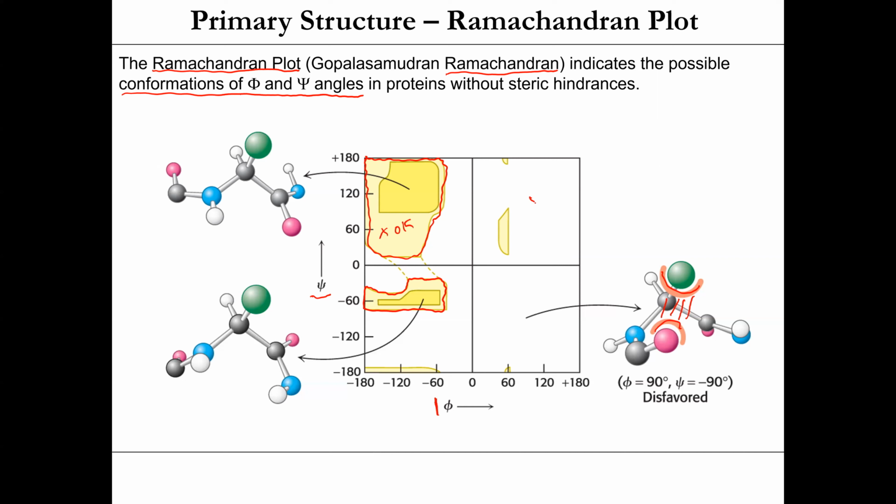And if there are any outliers, that probably has to do with some sort of local thermodynamics or physics or some local interactions that are causing it to be outside of these favorable parts of this Ramachandran plot.